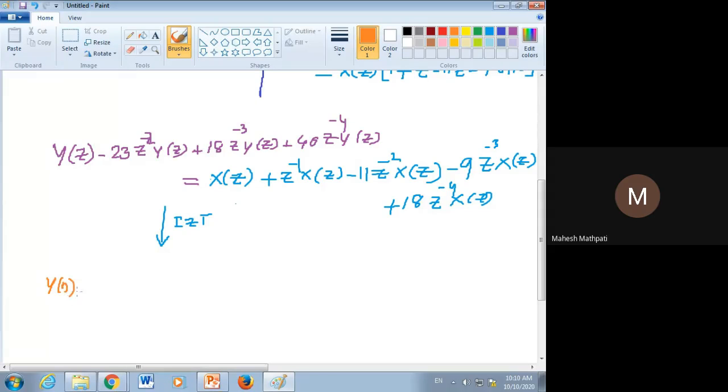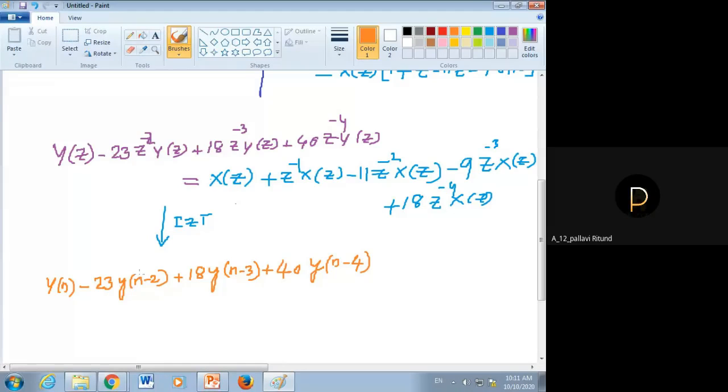Y of n minus 23 into y of n minus 2, plus 18 into y of n minus 3, plus 40 into y of n minus 4. Hope everyone has understood how I am writing this part. Any doubt or confusion?